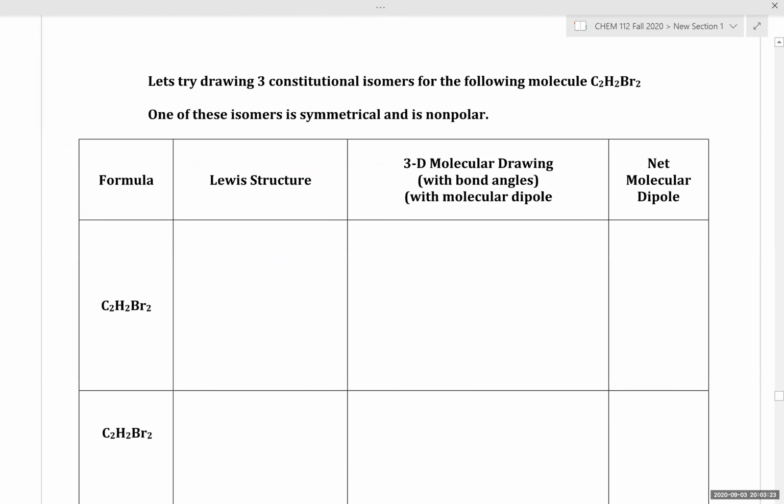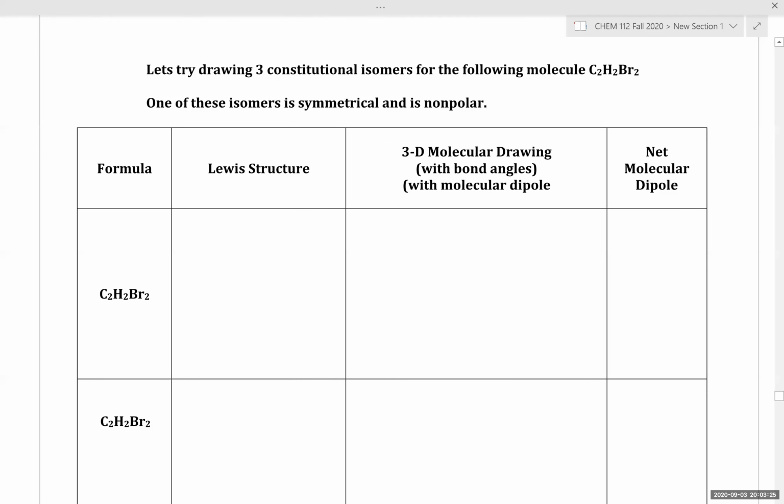So, to really demonstrate this link between geometry and overall molecular polarity, let's try drawing 3 constitutional isomers and stereoisomers for the following molecule. You can draw either a constitutional or a stereoisomer. One of these isomers is symmetrical and is non-polar.